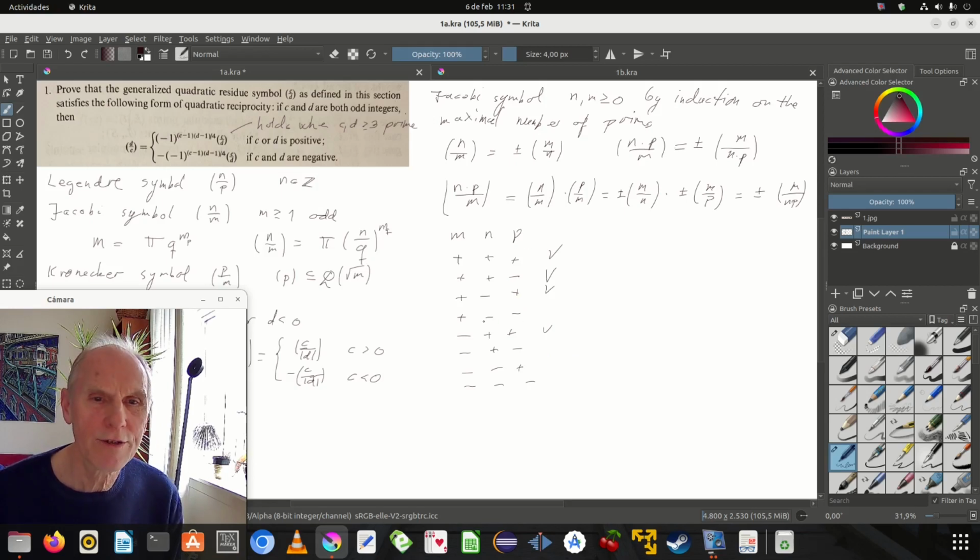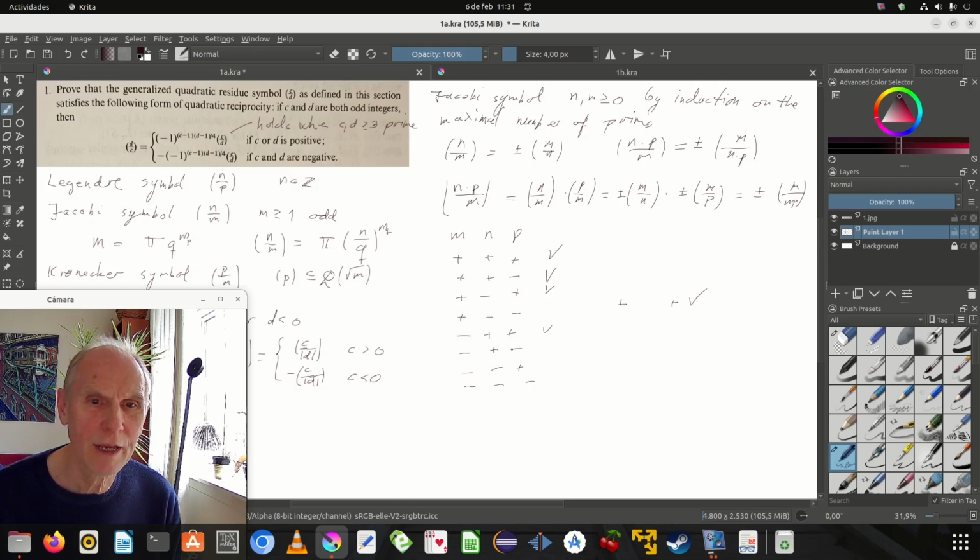Now, in this case, mn here gives a plus, and mp, that's a plus, and then np is positive, and m is positive, so it's a plus.